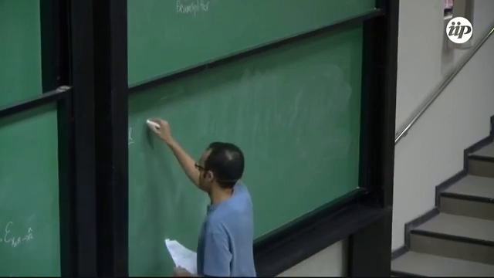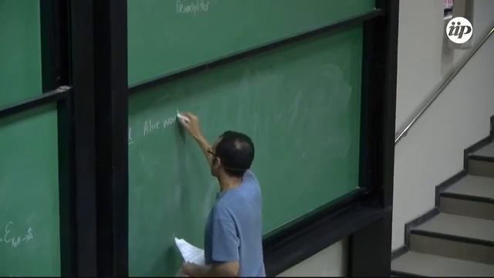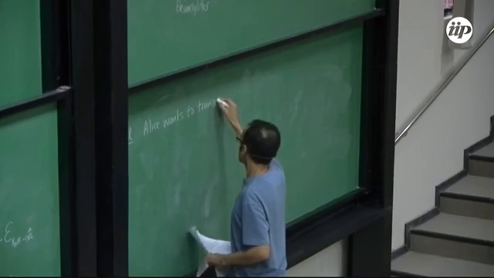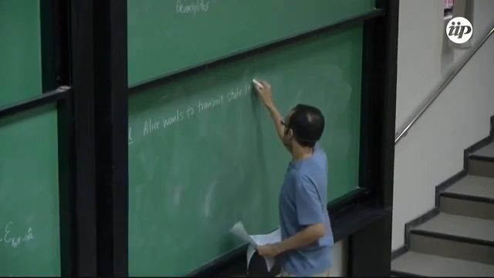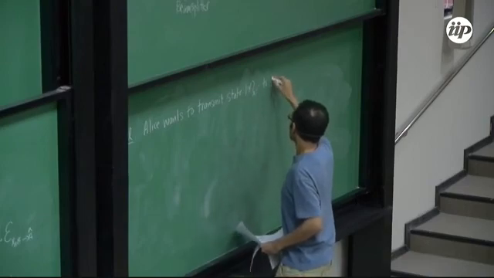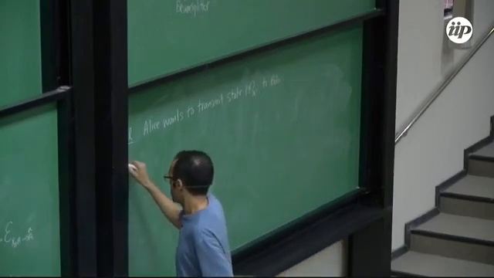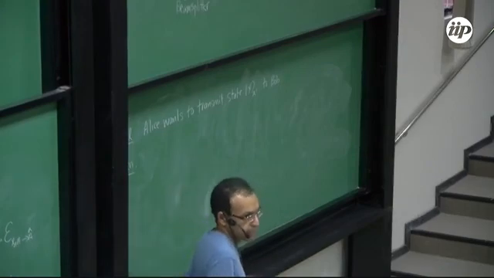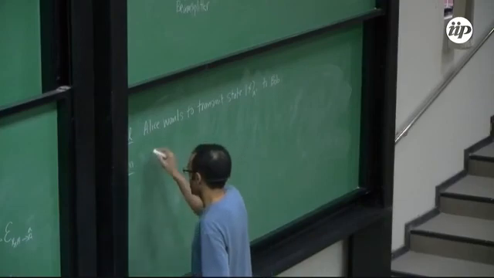Okay? And what are they given? They're given a perfectly maximally entangled state shared between the two of them, between Alice and Bob.